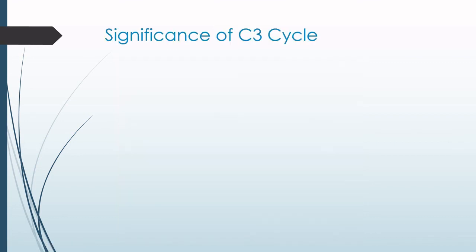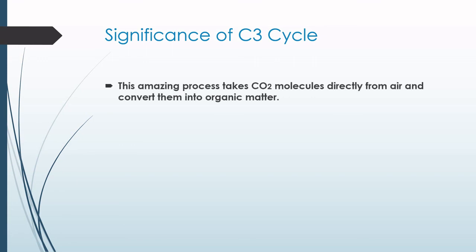So what are the significances of the C3 cycle? This amazing cyclic process taking place in the stroma takes carbon dioxide molecules directly from air and converts them into organic matter called sugars. So this process can be considered nature's most sustainable production process also.